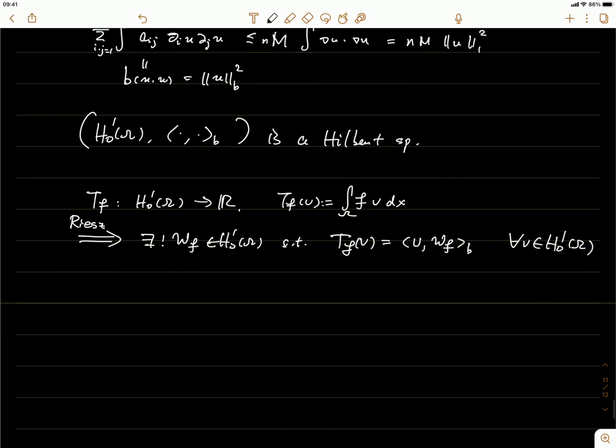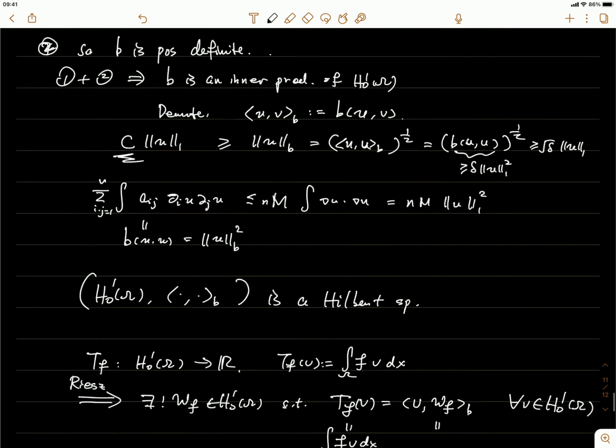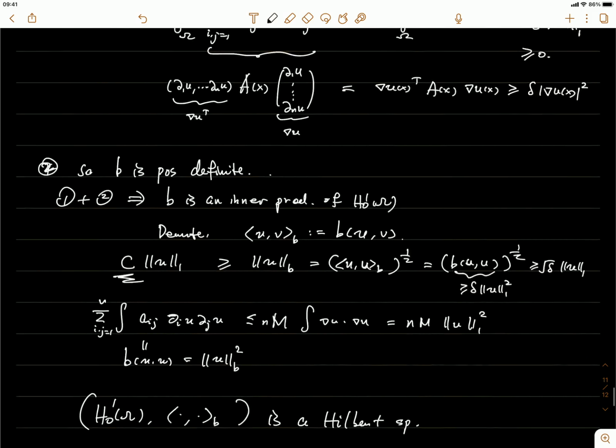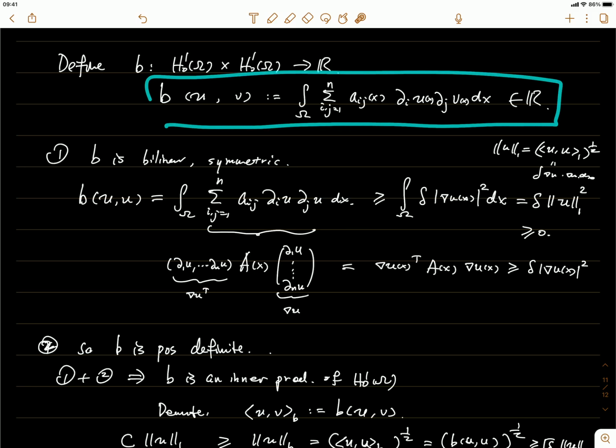Okay, and what this means is the left-hand side is just the integral of f v. The right-hand side, according to our definition for the B inner product, is just B of v, w_f. But B of v, w_f, according to our definition, is just this.